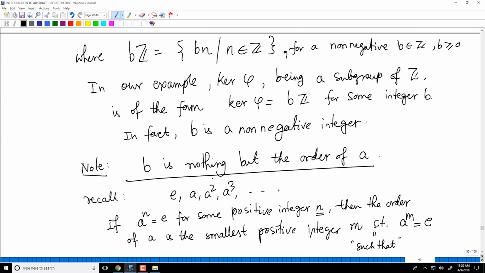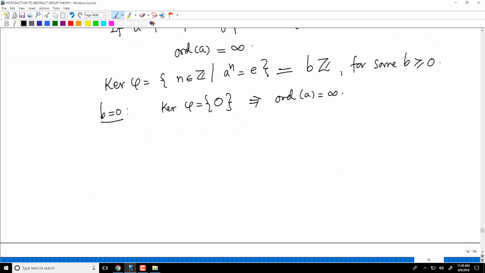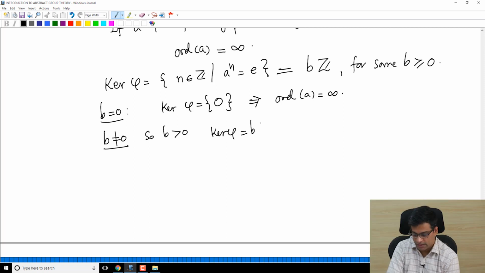Actually, I should not say that b is nothing but the order of A, because that is not quite true. I should write that b is related to the order of A. If b is 0, then the order of A is infinity. If b is not 0, so b is positive, then the kernel of phi is bZ, and now the order of A is actually b.